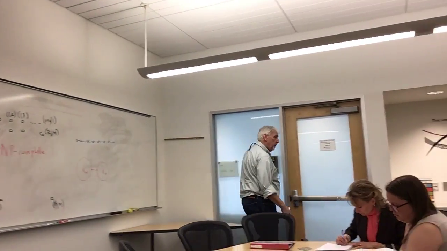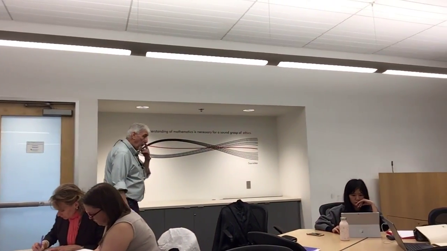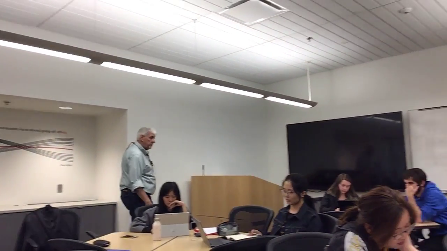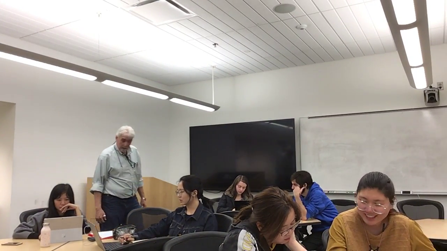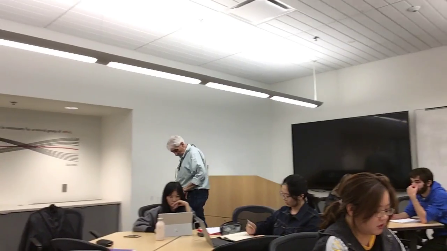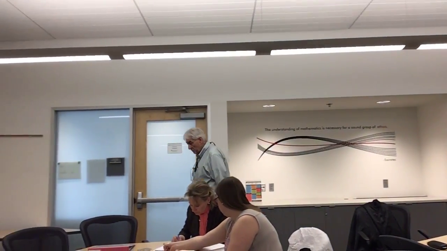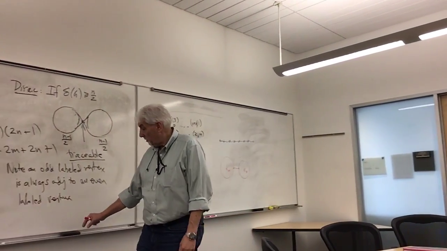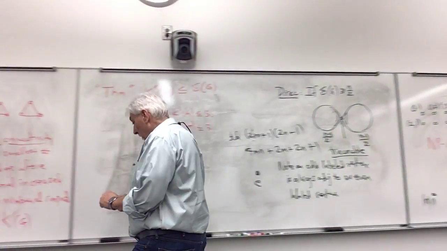You're looking for a set of edges, not necessarily all edges, just a subset of the edges, that connect the two partitions. There had better be edges on both sides, otherwise there's probably a smaller set of edges. You could take the vertex that's not connected to any of its friends and put it over here.